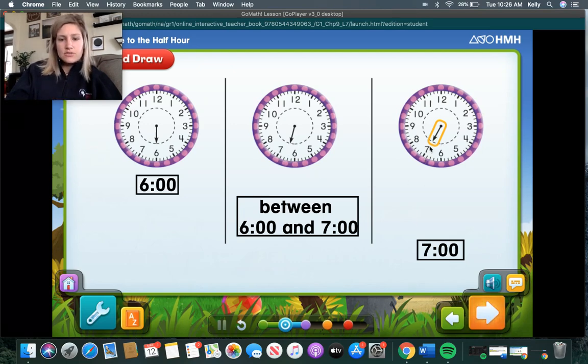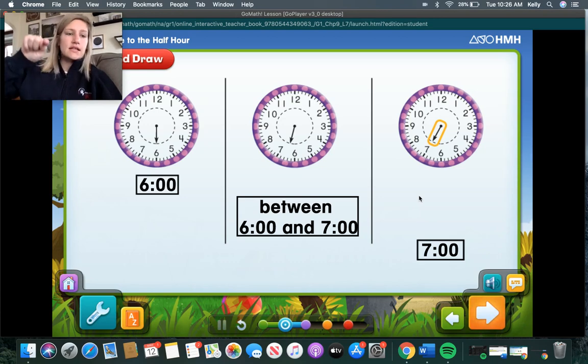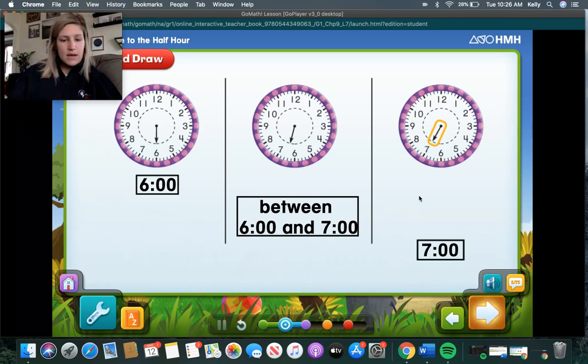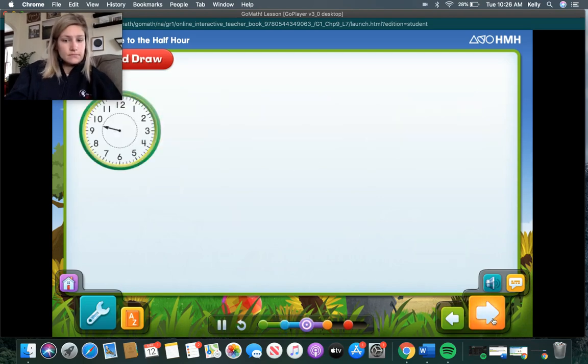And when the hour hand is pointing at 7, it's 7 o'clock. Okay? So all we want you to understand is that the hour hand moves around the clock as time passes, because time is always passing. And the hour hand will help you figure out what time it is by you seeing what number it's pointing at. What time does this clock show?